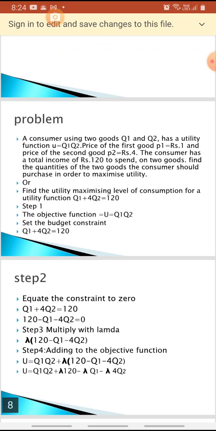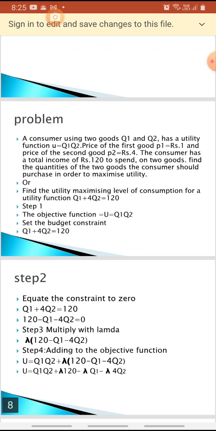Find the quantities of two goods the consumer should purchase for maximum utility. The budget constraint is Q1 plus 4Q2 is equal to 120.